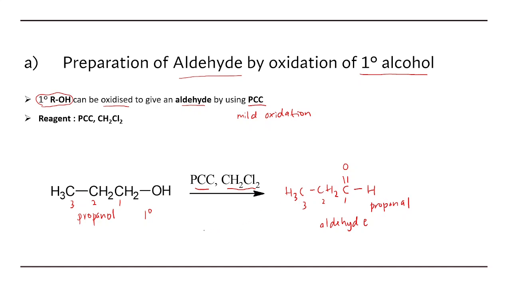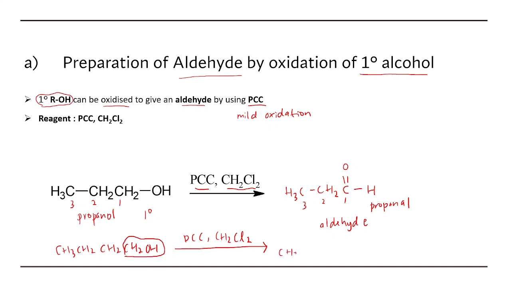If you have 4 carbon atoms, for example, CH3, CH2, CH2, CH2OH, react with the same reagent, PCC, CH2Cl2. You will see this part will become the carbonyl group.